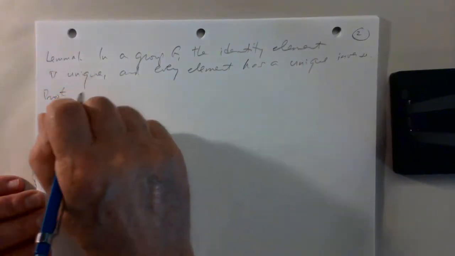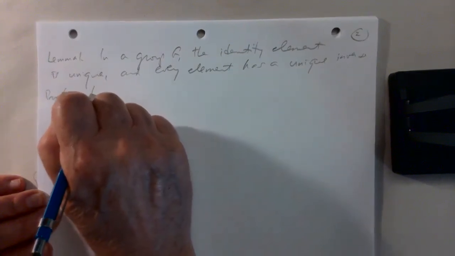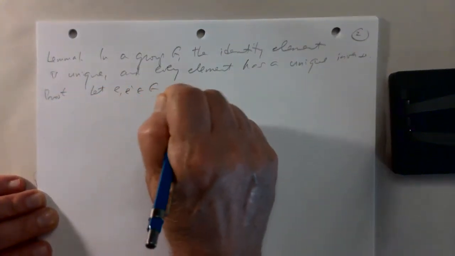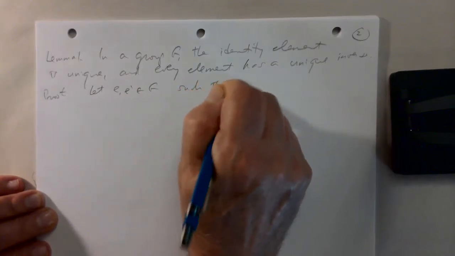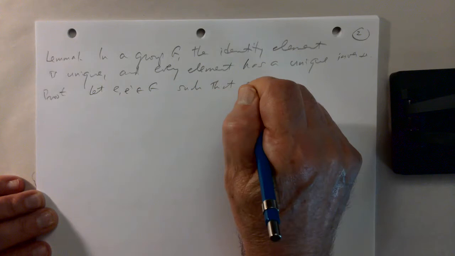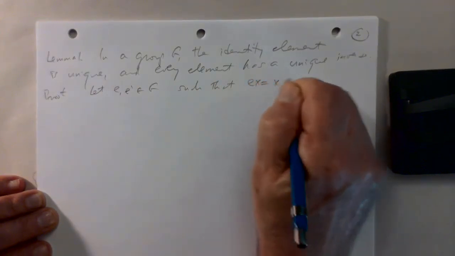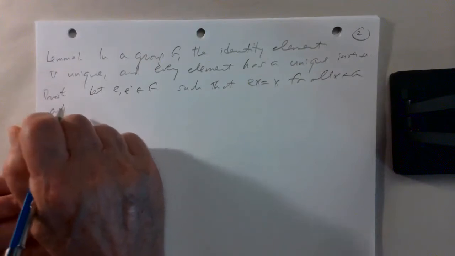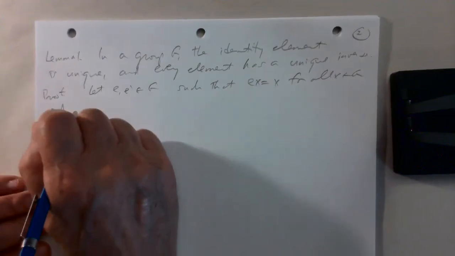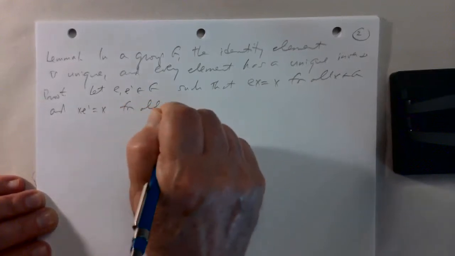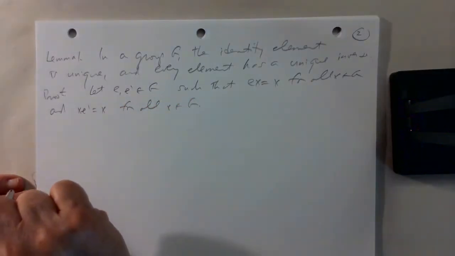Suppose we have two elements, E and E prime, in the group such that EX equals X for all X in the group, and XE prime equals X for all X in the group. So if E and E prime were identities, they would have these properties.